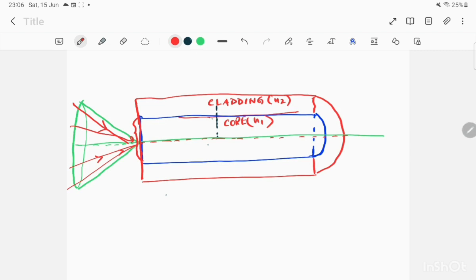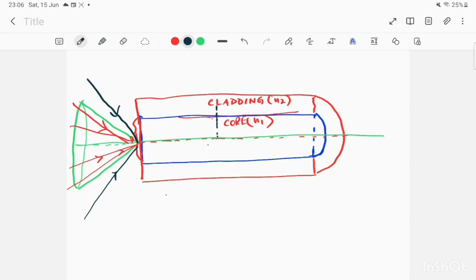But if any ray of light is incident outside this particular cone, then it will be a failure. It will not go through total internal reflection, and it will not be able to pass the information from one end to another, because it will not satisfy those conditions for total internal reflection.